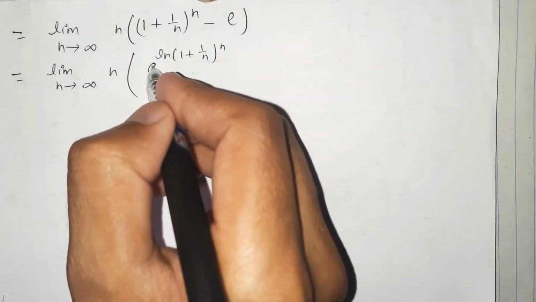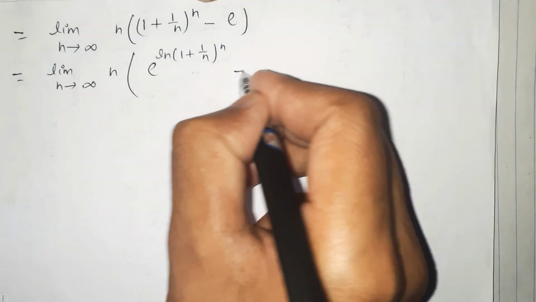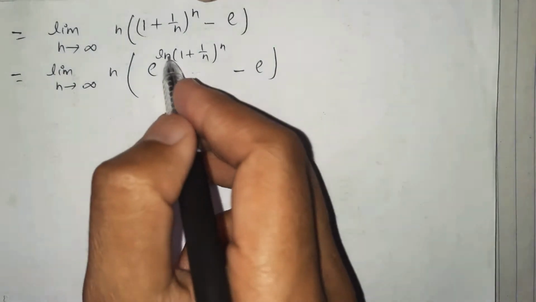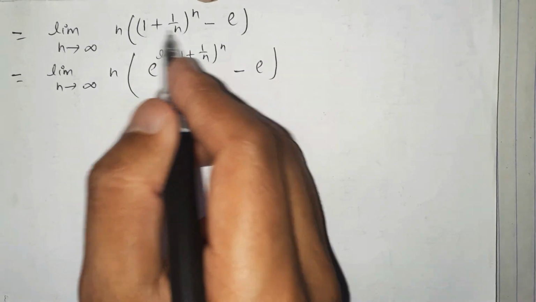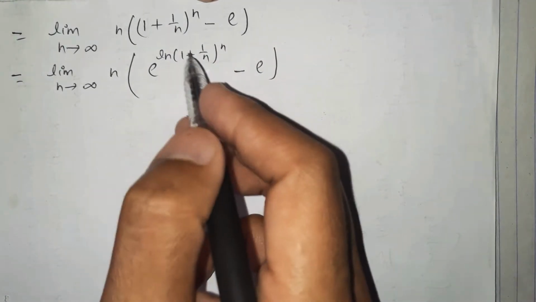Here ln and e cancel out, so our expression will be the same, minus e. This expression is in exponential form.